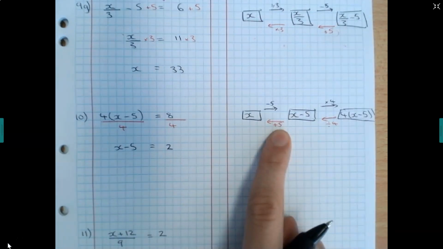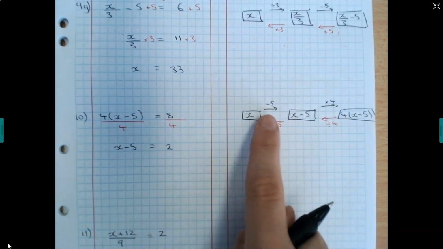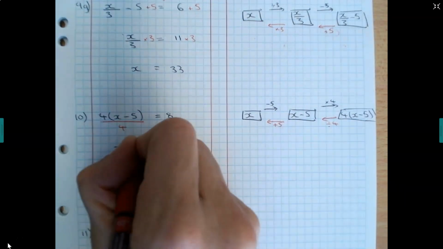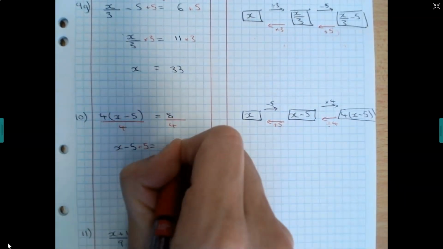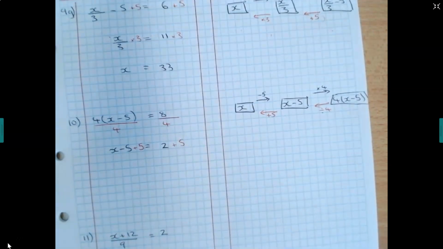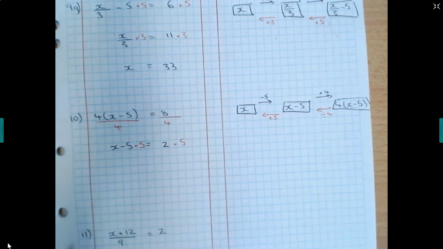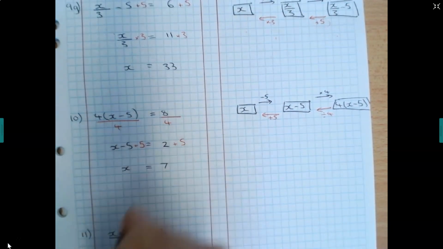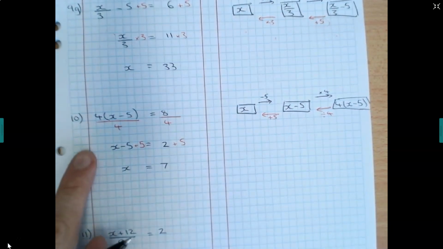Now we come back to our flowchart again. On the way up, we minus 5. So going the opposite way, we're going to add 5 to both sides. So then we're balancing the equations. So we're just left with x is equal to 7. So that's what you should have got for question 10.